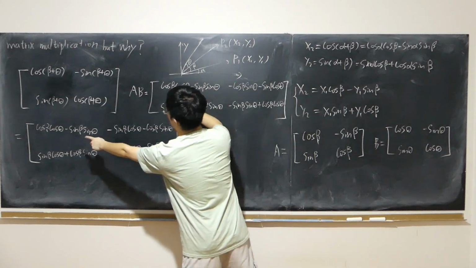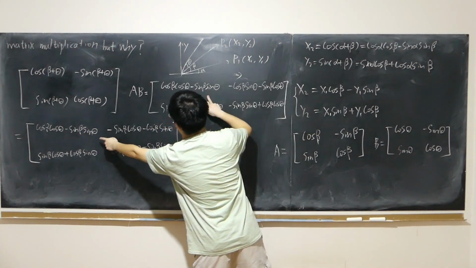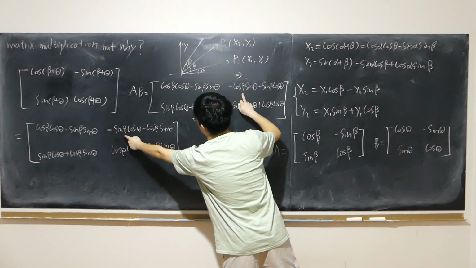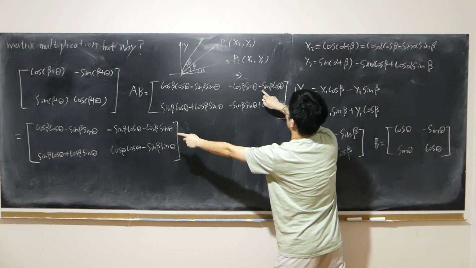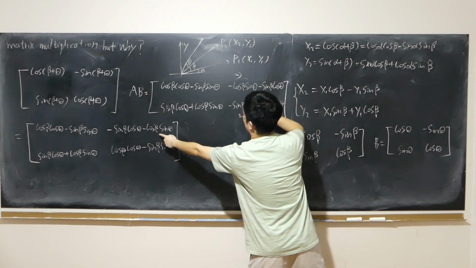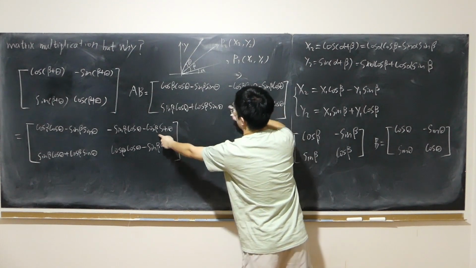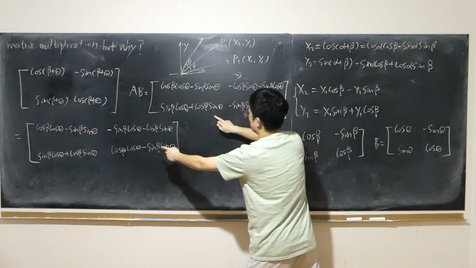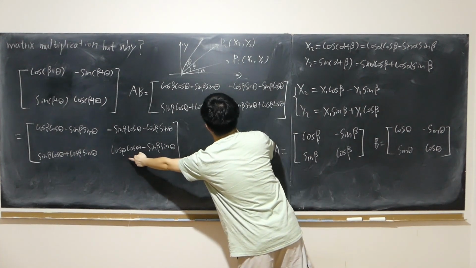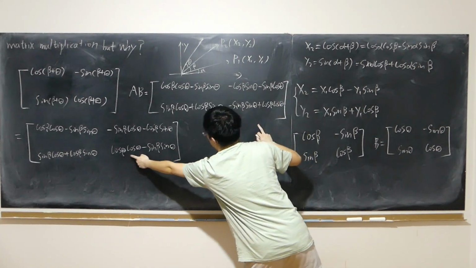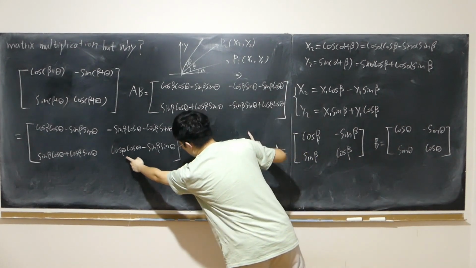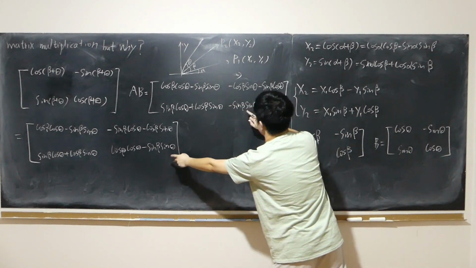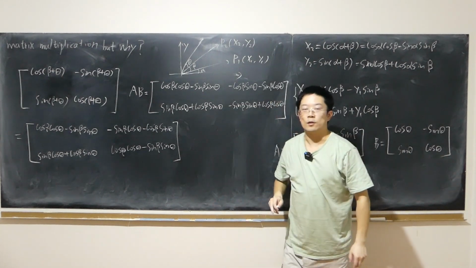Cosine beta cosine theta minus sine beta sine theta, first entry. Second entry, negative sine beta cosine theta minus cosine beta sine theta, yes. Sine beta cosine theta plus cosine beta sine theta. And this entry, cosine beta cosine theta minus sine beta sine theta. Now it all makes sense.